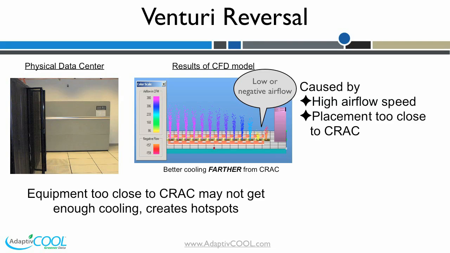Negative pressure can be tested by placing a piece of paper on the perforated tile. If it stays still, the pressure is 0 or negative. This issue can be resolved by using airflow diffusers that can reduce the airspeed and cause the underfloor pressure near the CRACs to increase.